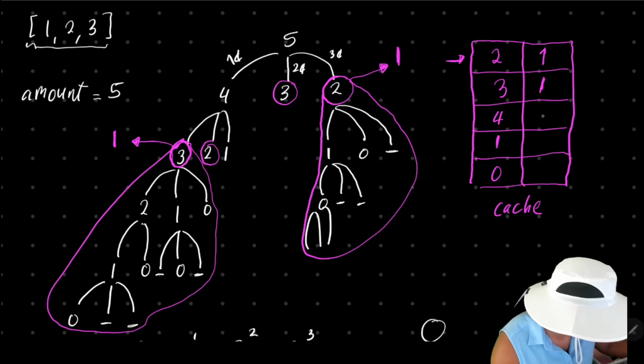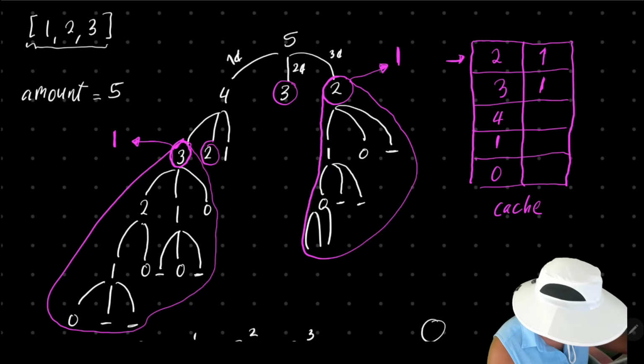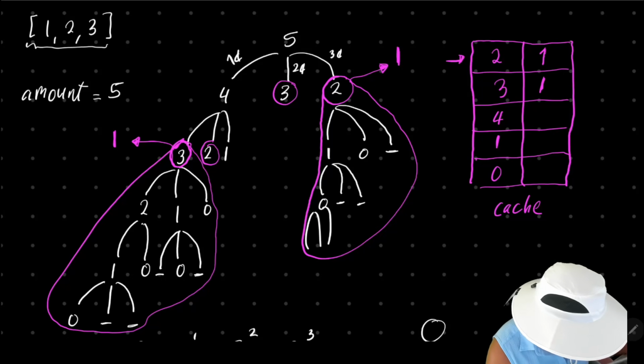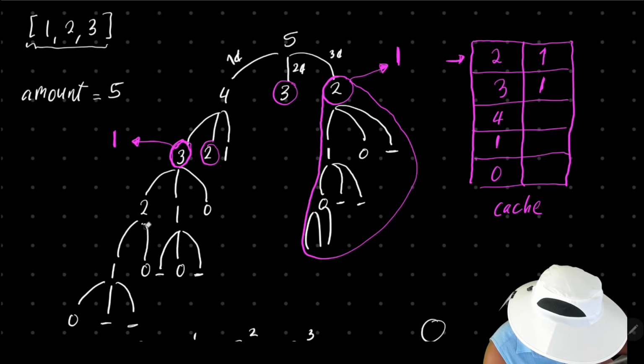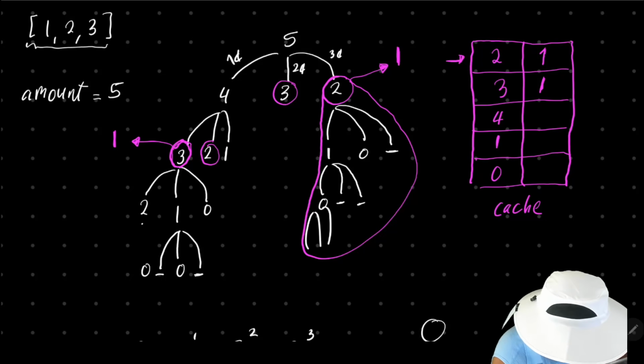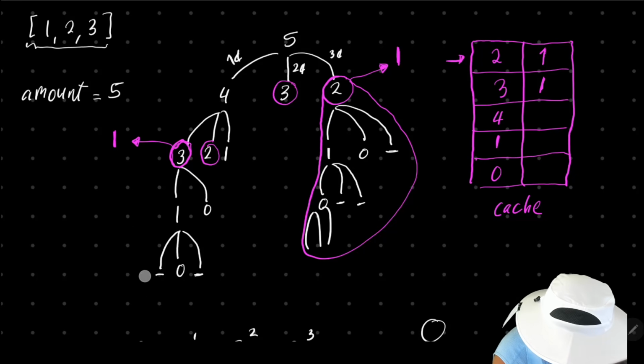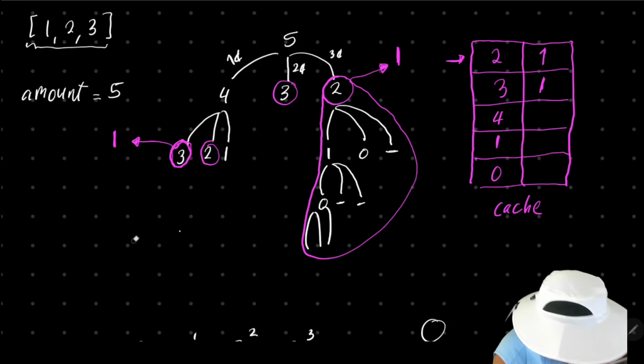So I'm going to have the answer for every single unique value. So for example, over here, this wouldn't be even needed. All of this too, I don't even need it because I did it all the way on the right side. And this is not even needed, because I did the 2 before. Same thing for 1. Any branch was 1, any branch was 0, I don't even need it.